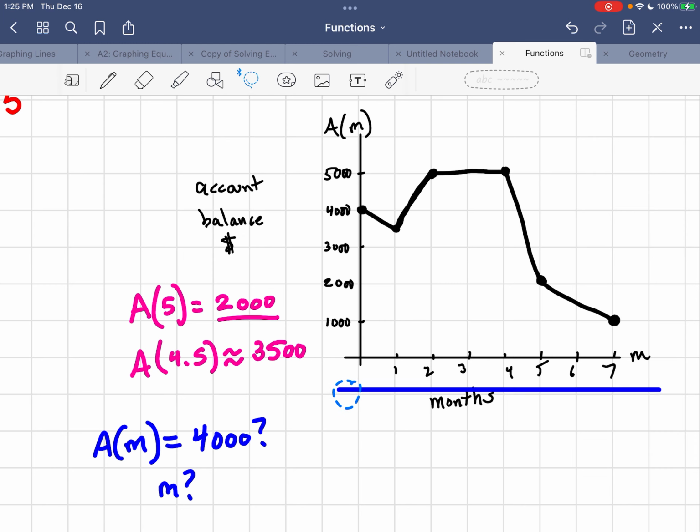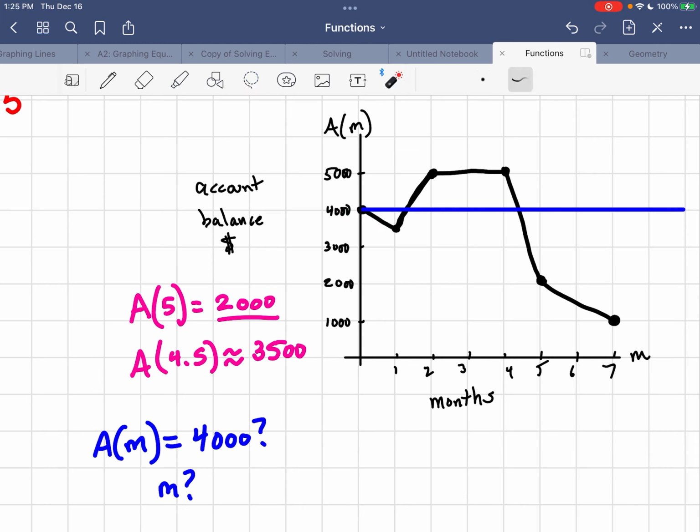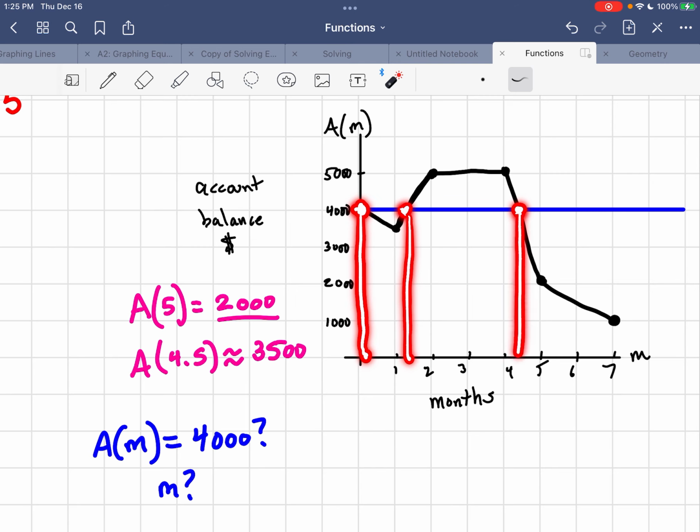Now I have the capability of moving that, but you would want to draw it right at 4,000, and you can kind of see that at $4,000, our graph has 3 instances of that occurring. We have it here. That is an x value of 0. We have it here, just a little above 1, and we have it here, just a little above 4.